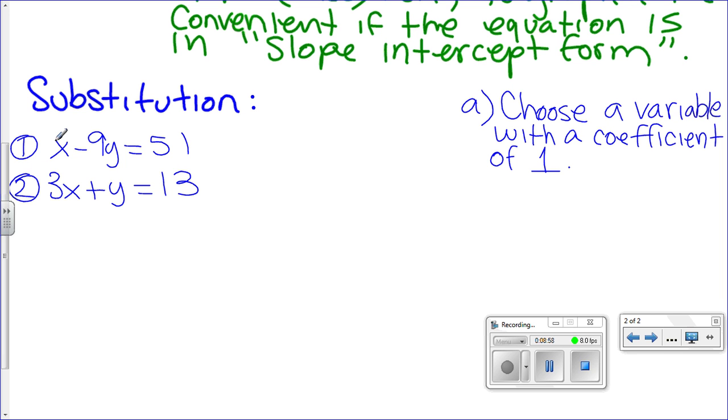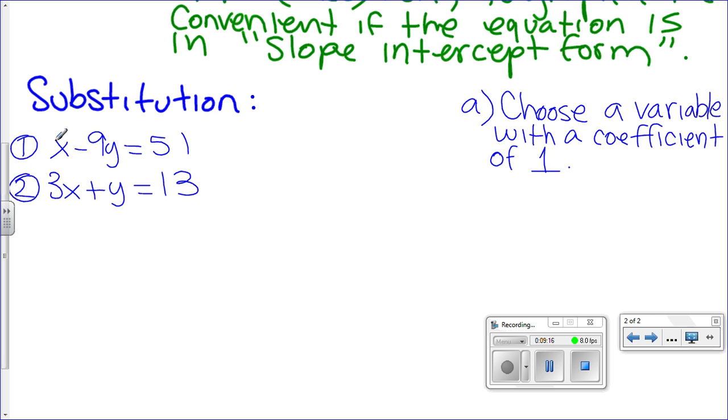If you were to not have a variable with a coefficient of 1, you could still solve it. You just will have to do an extra step at the end and divide by the coefficient. So the reason I say so, choose a variable with a coefficient of 1, is because while you're solving for it, it will be pretty easy.